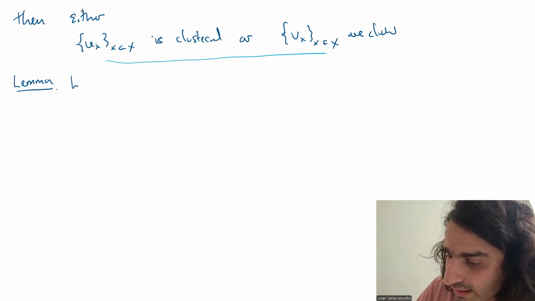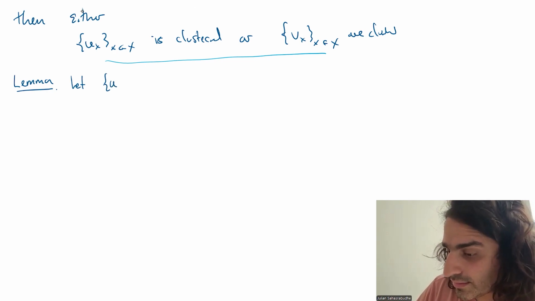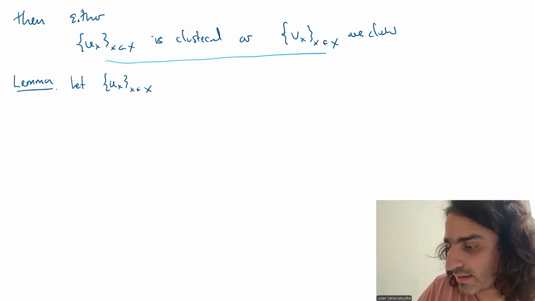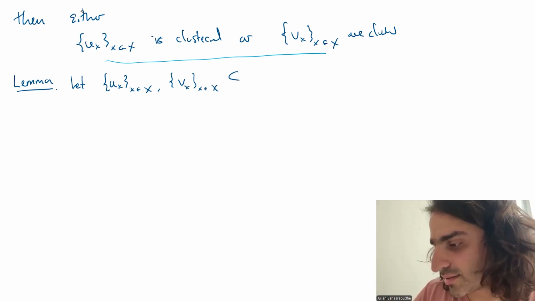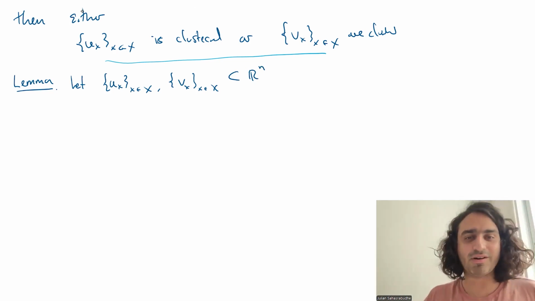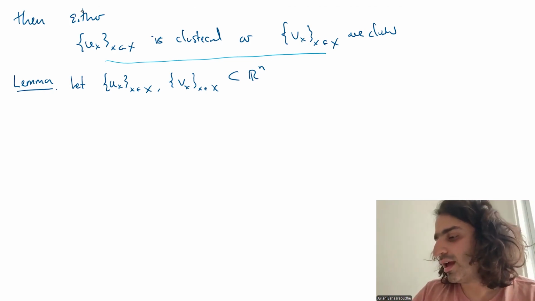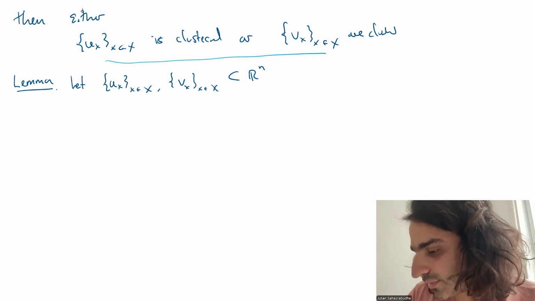Let U of x and V of x be sets of points in R to the n. It turns out the scaling doesn't really matter here.